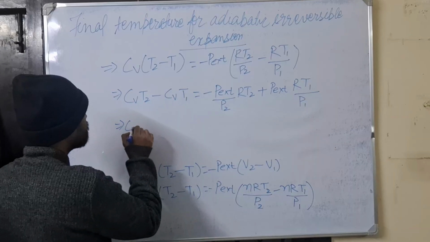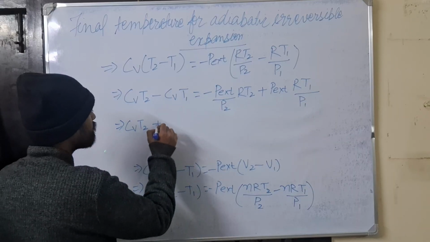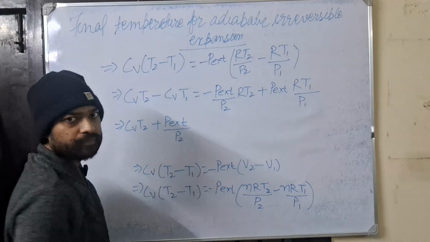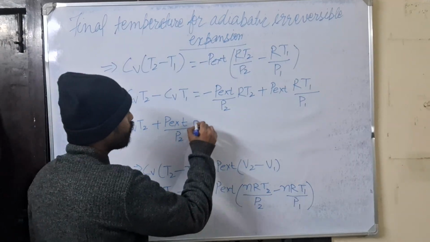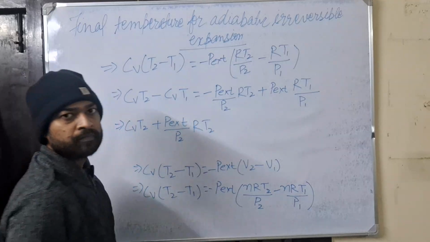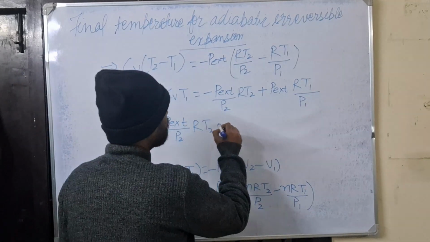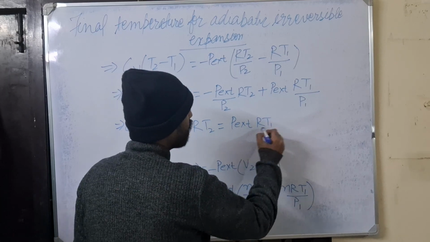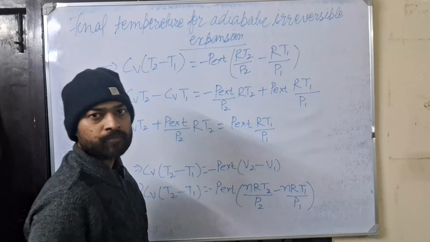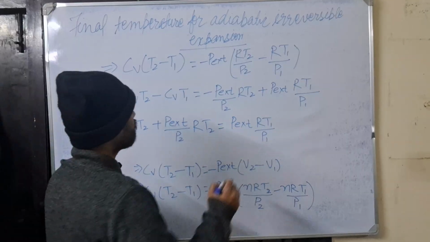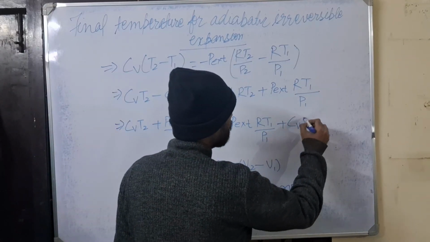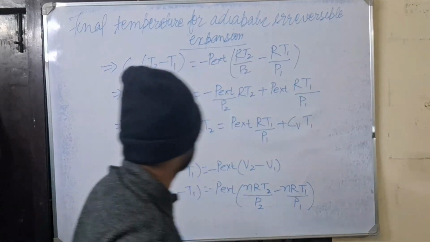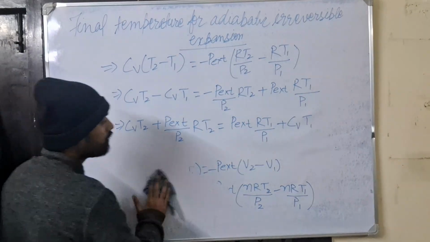This becomes Cv T2 plus P external upon P2 into RT2 is equal to P external RT1 upon P1, and moving this term over there, plus Cv into T1. Correct?